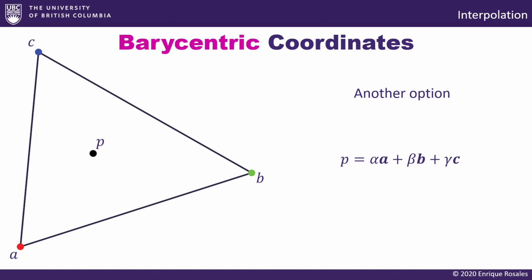You will see later when we talk about ray tracing. Okay, so again, this is another option. Basically, you can compute the color of P taking the colors A, B, and C and just multiplying them by some weights. Mathematically it's different, right?